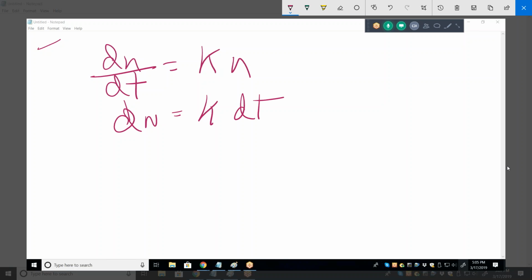And then if I divide both sides by n, I get that. Okay? With me? Now I'm going to integrate both sides. What's the left side become? What's the right side become?